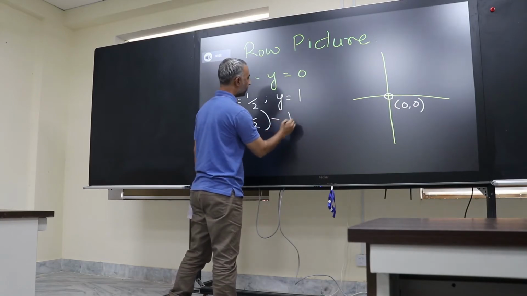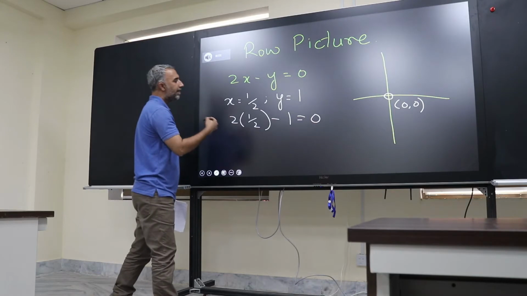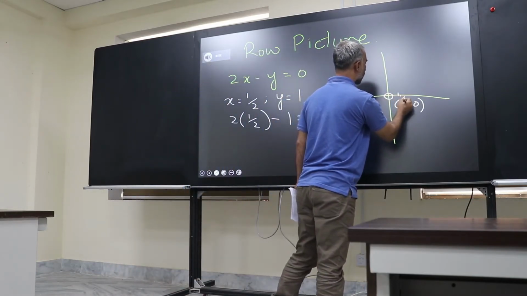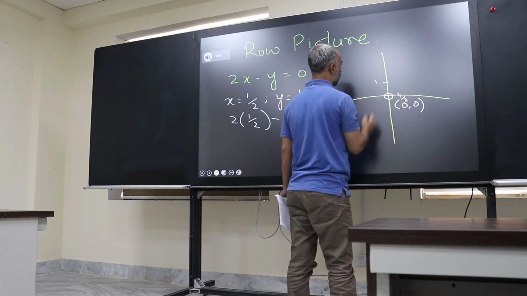Similarly, here if we consider 1 over 2, y should be 1.